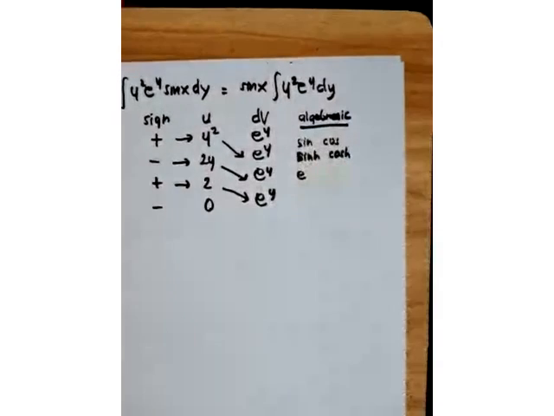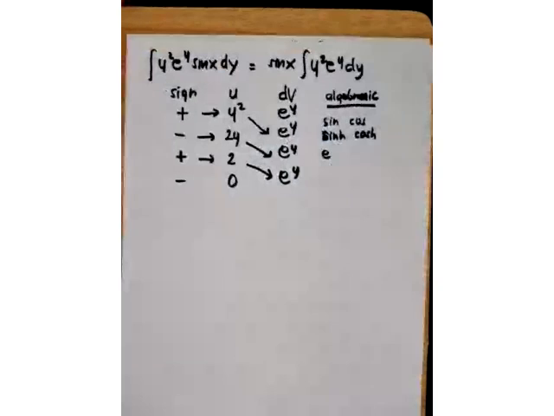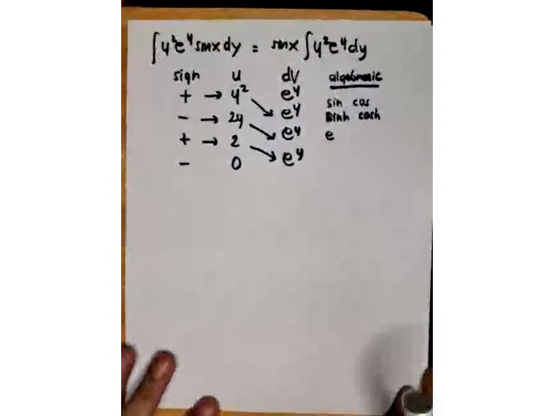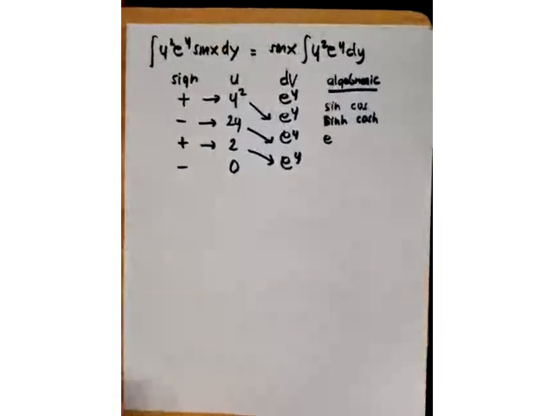Yan lang yung pasok sa tabular method, kasama ang isang algebraic na mapapa-zero mo. Kung hindi siya pwede, magba-by parts ka, gagamit ka ng LIATE in choosing the u and dv. Tama ba? Okay?